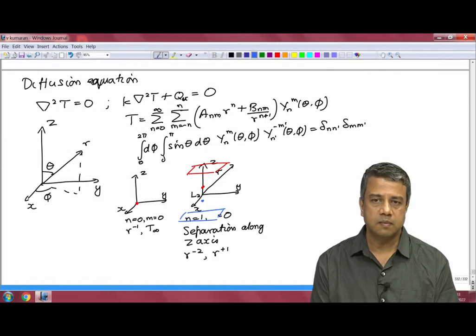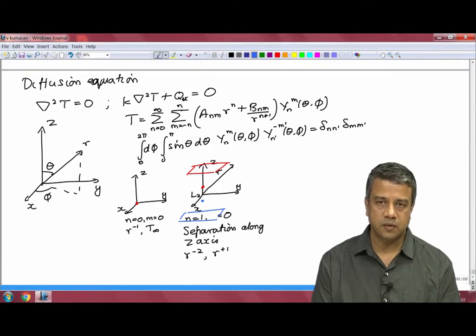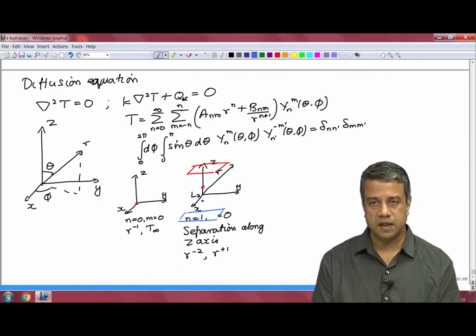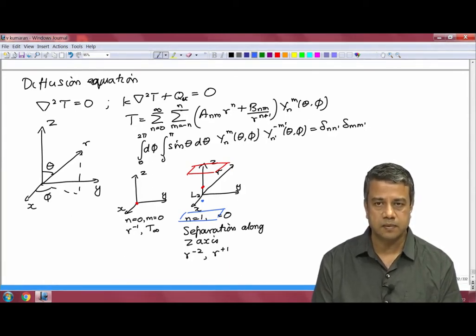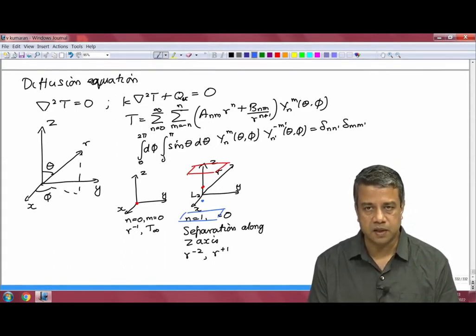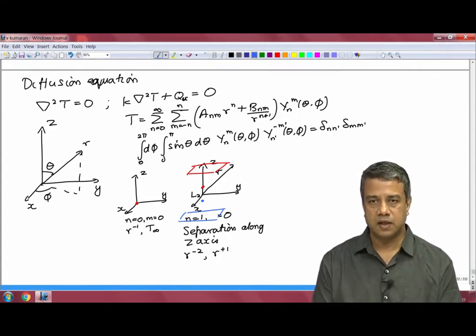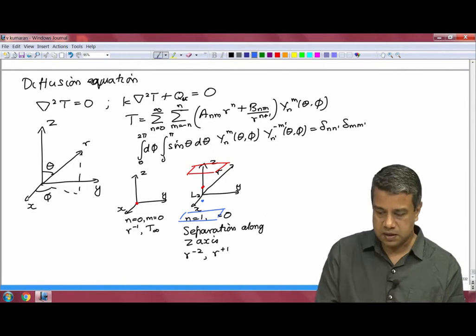For n equal to 1 and m equal to plus or minus 1, the solutions are point dipoles separated along the x and y axis respectively. Combinations of m equal to plus and minus 1 will give you a point dipole along the x and the y axis. So that is the interpretation for n equal to 1: the three of them correspond to point dipoles aligned along the x, y and z directions.